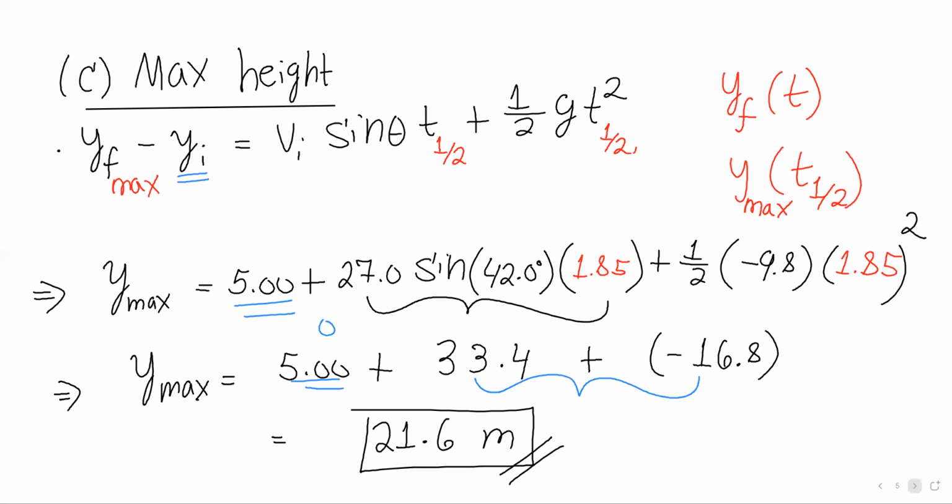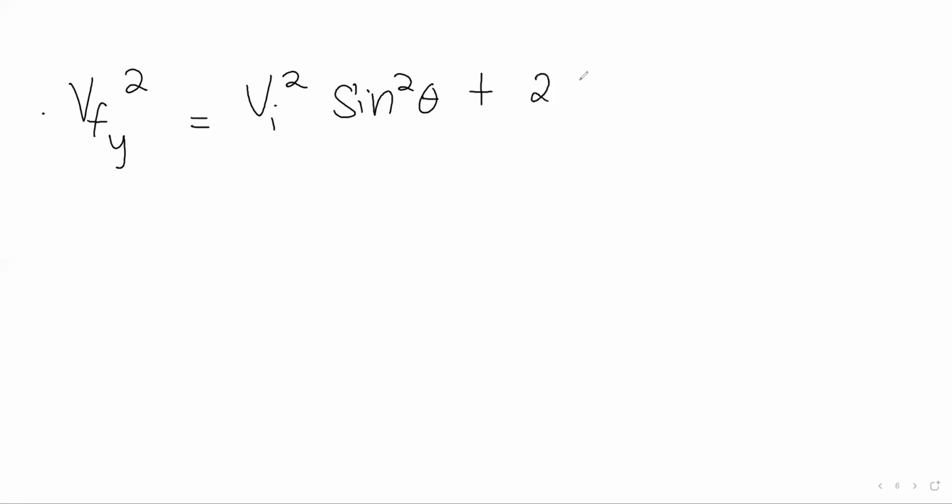For the last part, I'd just like to mention before we stop, there is an alternative way to calculate that, again just to check your work. You could have tried doing v final y squared equals v initial squared sine squared theta plus 2g times the height difference.